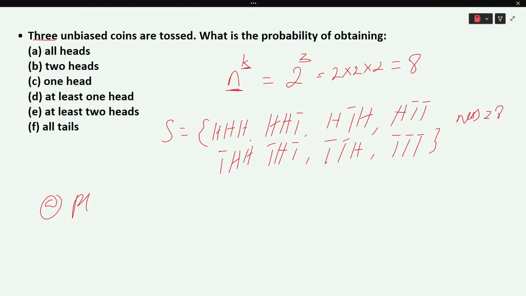Now the probability of 3 heads. The probability that we are getting all heads, all the 3 are heads, is 1 divided by 8.